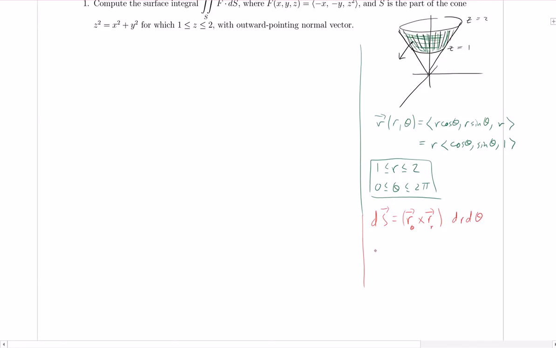In this case, r theta is, taking the theta derivative everywhere, minus r sine theta, r cosine theta, 0. Taking the r derivative, we get cosine theta, sine theta, 1.